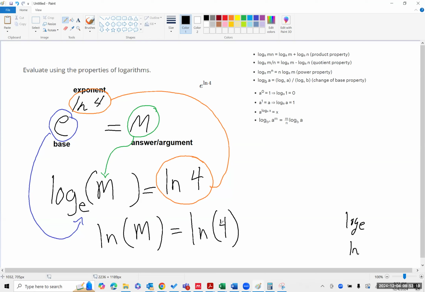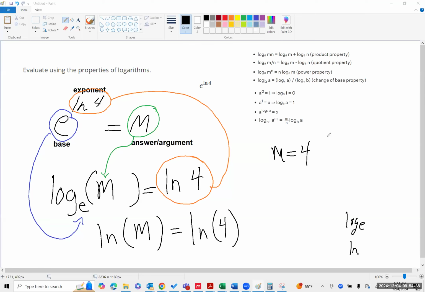It's not in parentheses here, but it's the same thing. And so I'm looking at all the properties to see if there's one that's specific here. And I don't think it's one of those, but I think it's pretty obvious that m is equal to 4.